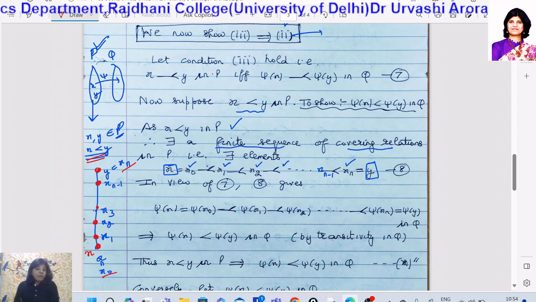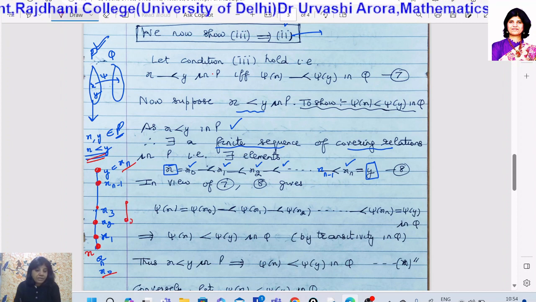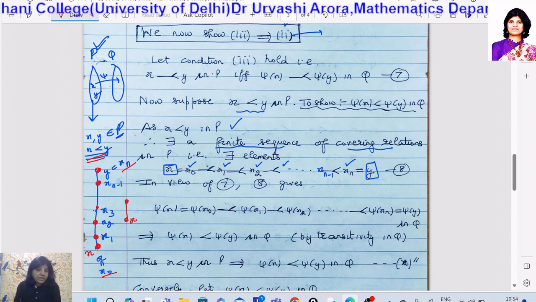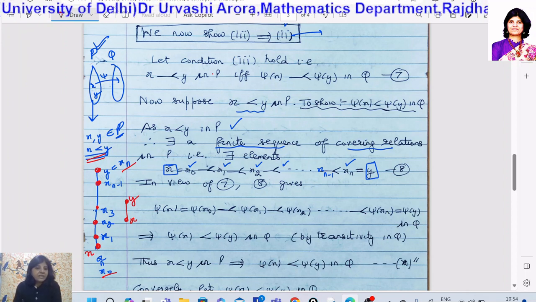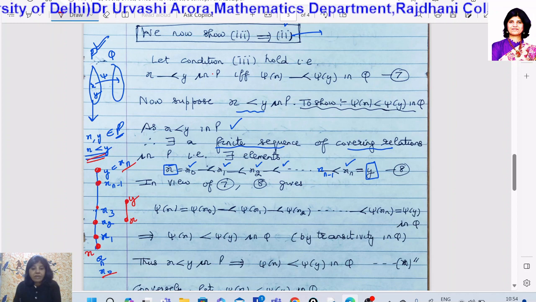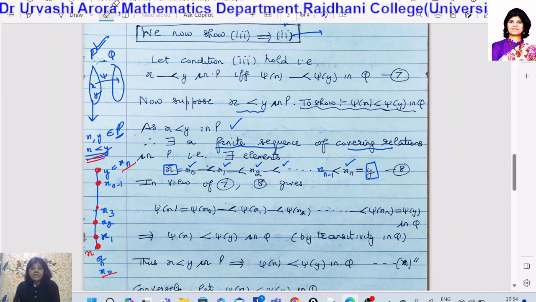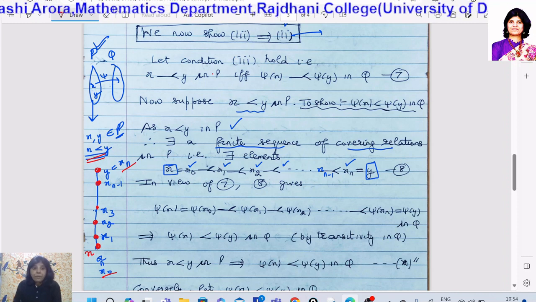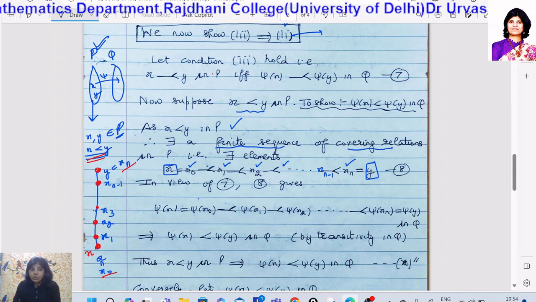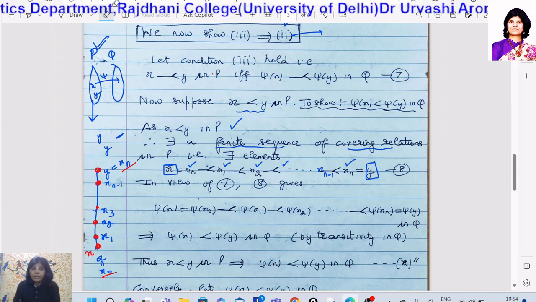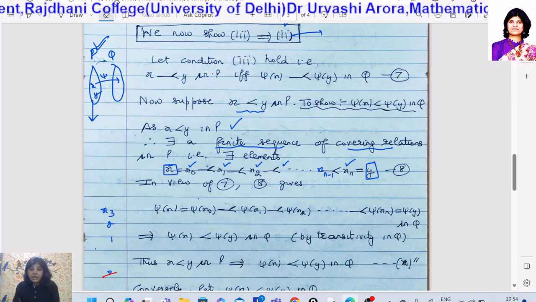Of course, if x is covered by y, the next element after x in the Hasse diagram would be y itself. But here x is given to be strictly less than y. We are using this result without proof, which is true for finite posets.